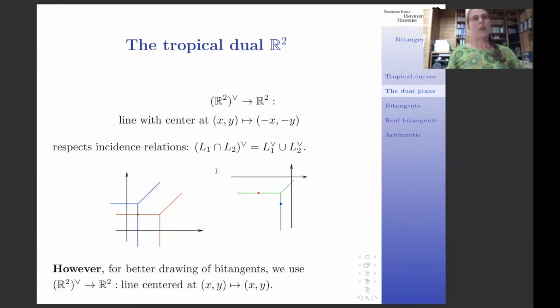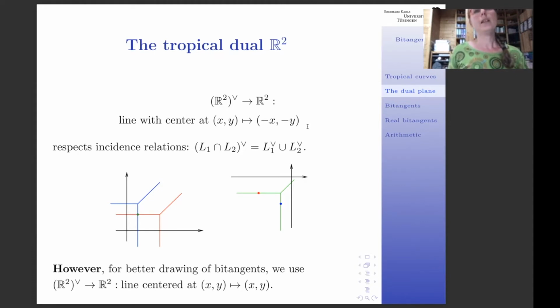And in the tropical world, it's very nice to think of the tropical line that has its center point at x and y by using again the minus sign and sending this line with the center to just the point minus x, minus y, and identifying the dual of the tropical plane like this with an R2 again.